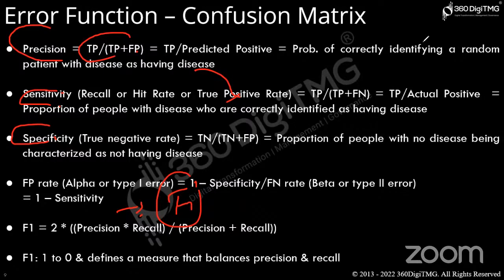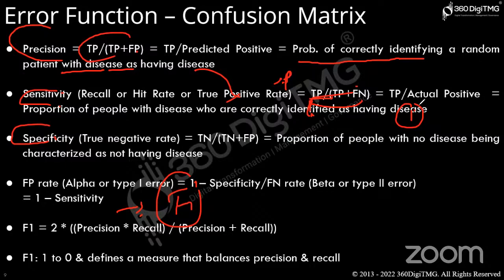What is precision? It is the probability of correctly identifying a random patient as having a disease. You take one random person and predict that the person has a disease, and the person actually has the disease.